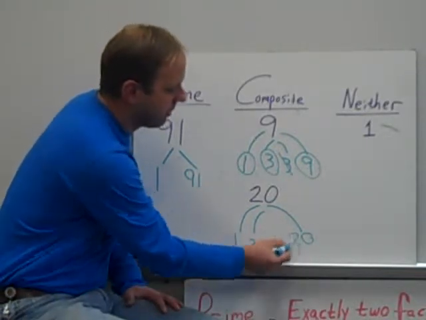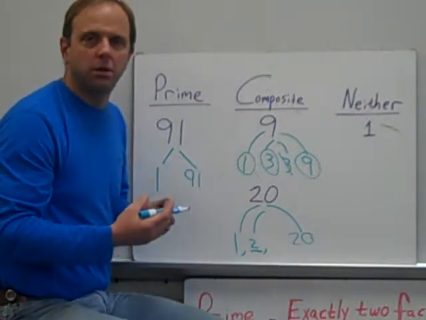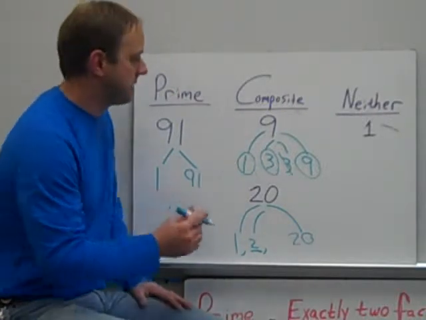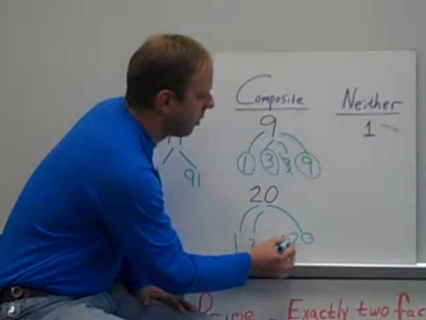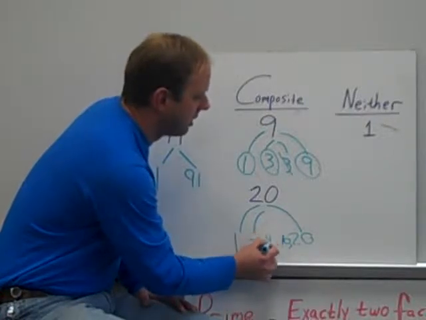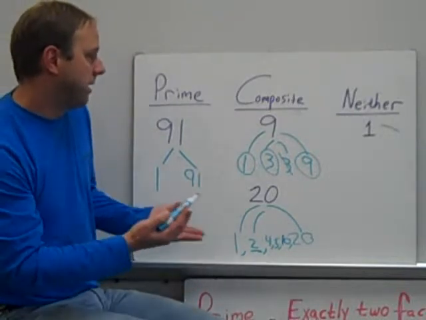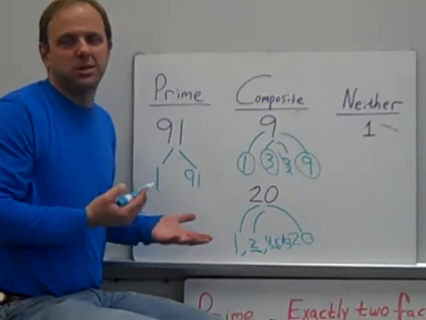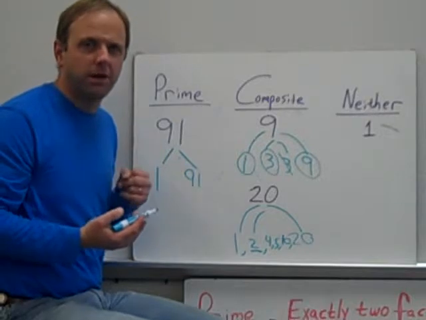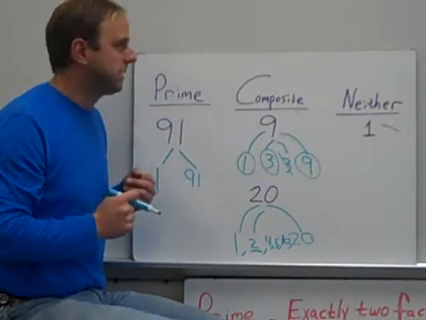And because we found 3, then we can call it composite. It's not necessary to complete the whole set of factors because it doesn't make it more composite. Composite is composite. As long as it has 3 factors or more, we call it composite.